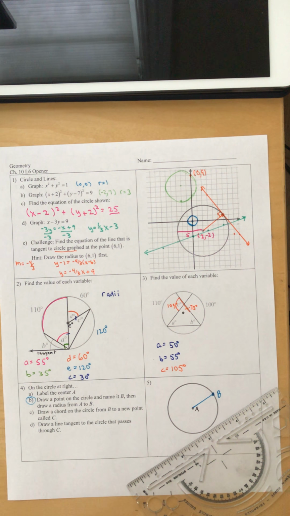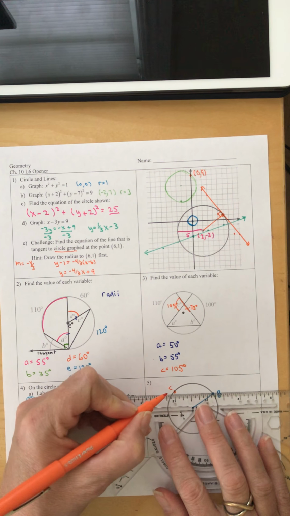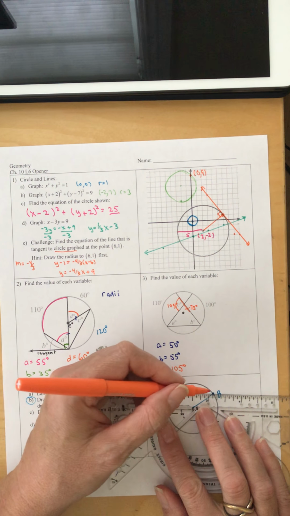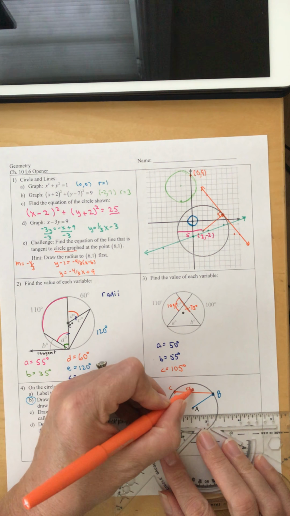And then it says to draw a chord on the circle from B to a new point called C. So I'm just picking any point on the circle, and this is a chord.